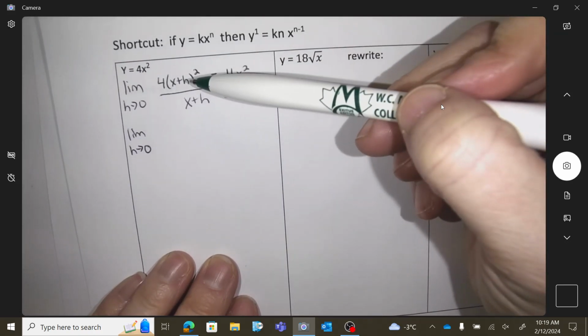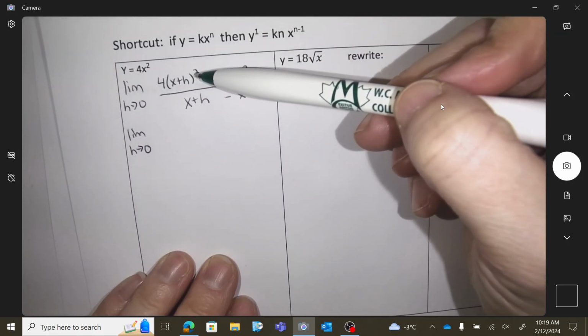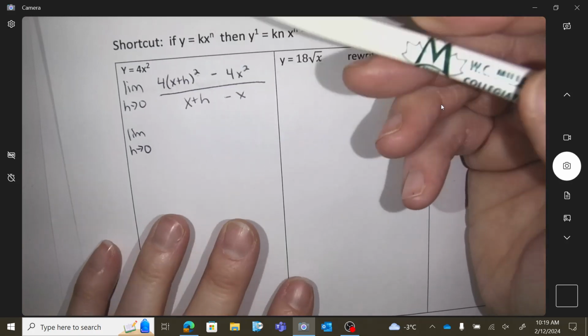Okay, I need you to FOIL that all out, square it, times it by 4.